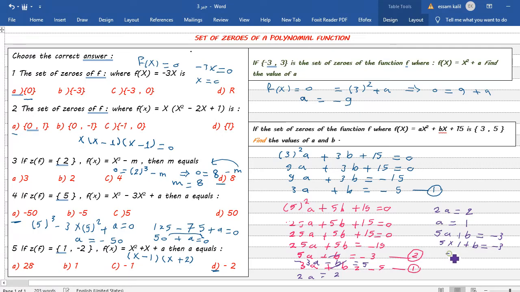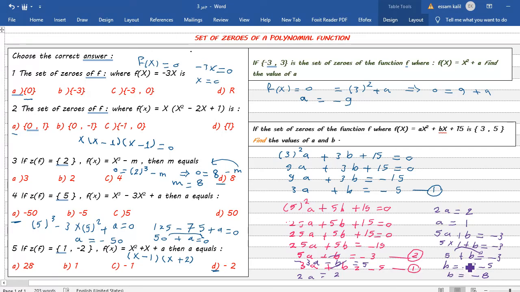Then 5 plus b equals negative 3. Move the 5 to the other side, it becomes b equals negative 3 minus 5.